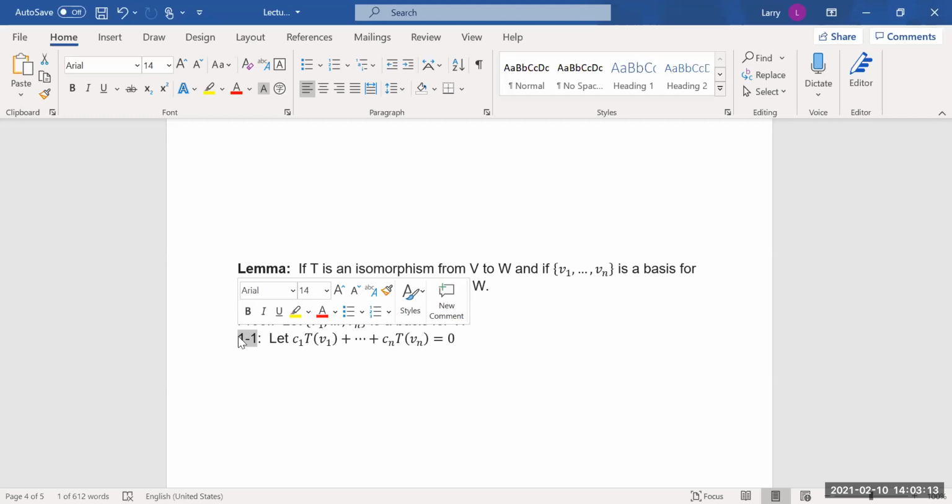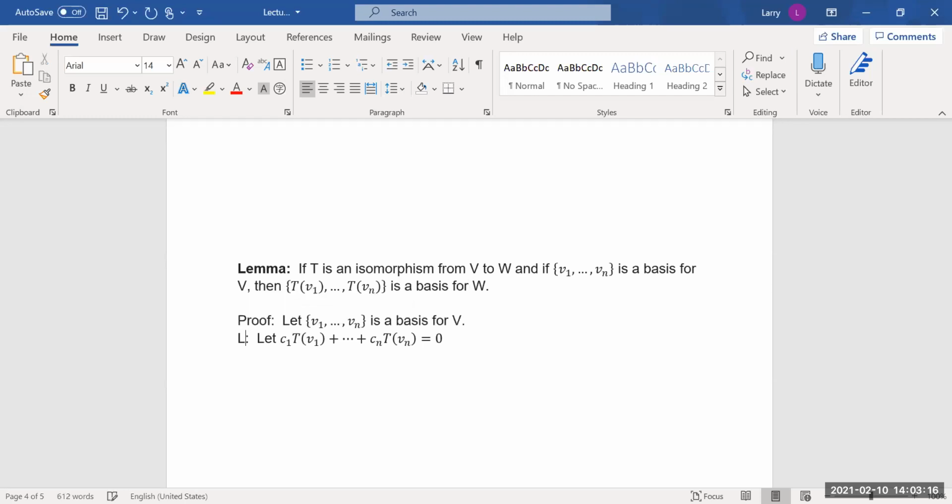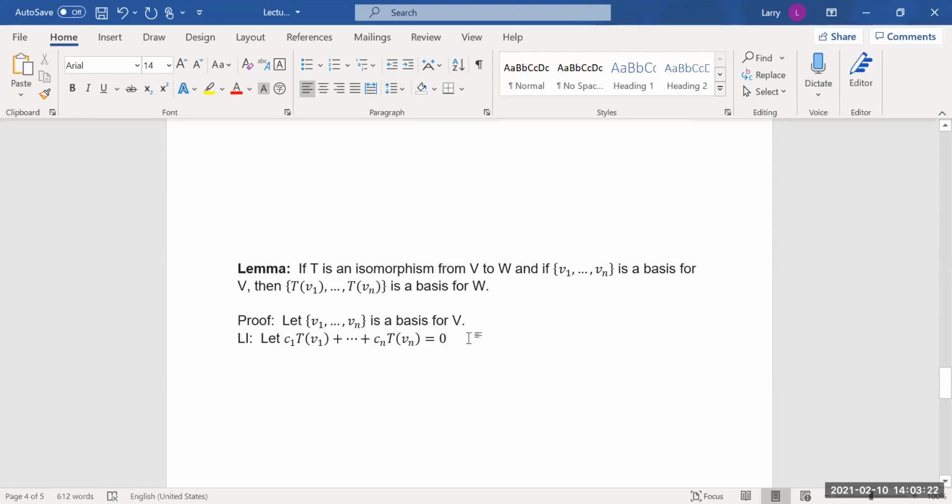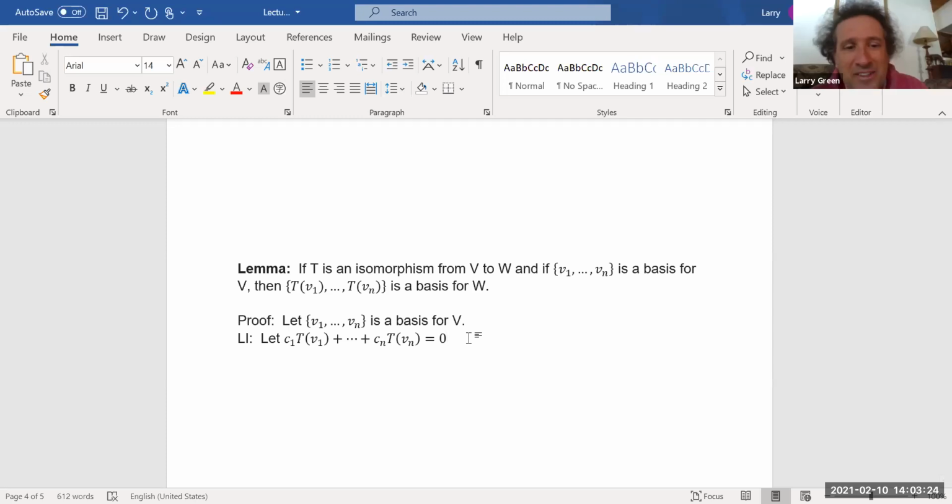It's linearly independent, and it spans W. So let's start with linear independence. I want to show that C1 through Cn are equal to 0, right? But what can I do? T is a linear transformation. So what can I do now?